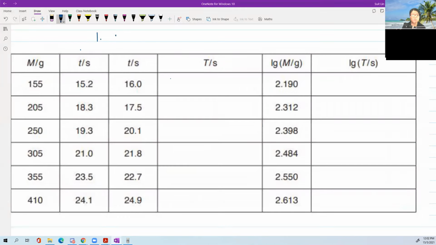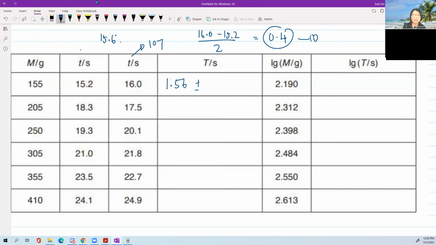Average of these two is 15.6. And then this one will be 1.56 because this is 10T. So 1.56, and then we'll put plus minus. For the plus minus here, you need to do the maximum minus minimum: 16.0 minus 15.2 divided by 2, this will be 0.4. But this is for 10 cycles. This T is 1 cycle, so this will be 0.04.